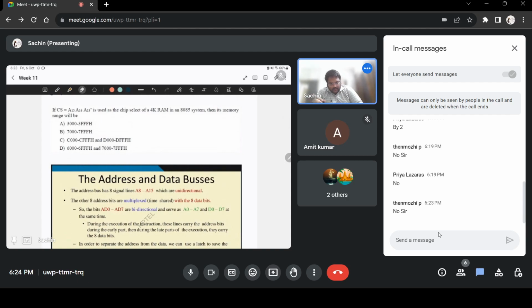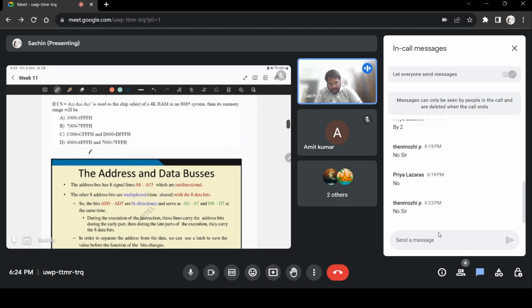There are 15 bits in the address, A0 to A15. Actually, in 8085 they are called here AD0 to AD7 and then A8 to A15. So those are 16 bits actually, not 15, 16 bits.